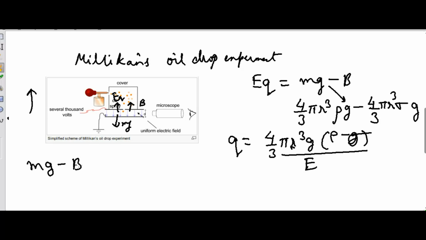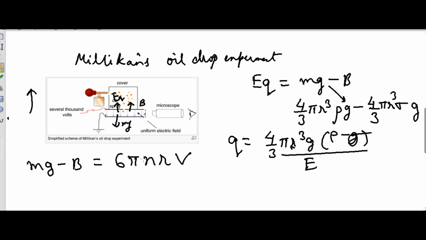And we know that the viscous force, if you remember the definition from your class 11th or higher secondary school classes on viscosity, is 6 pi eta r into velocity, the terminal velocity, or the velocity at which this drop is falling.